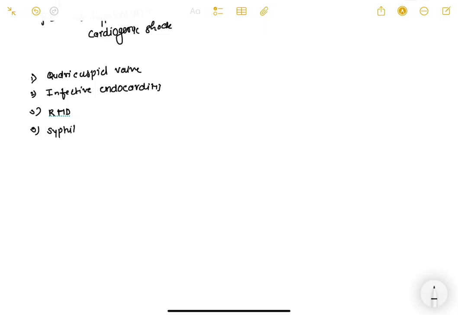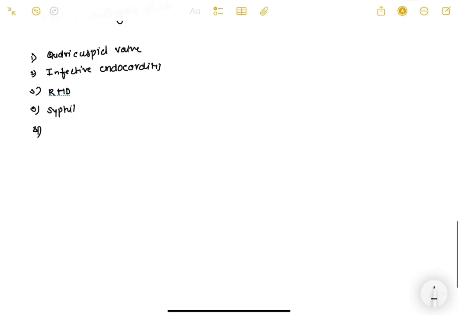Syphilis is one of the causes that is frequently asked in NEET PG. Then there is aortic root dilatation in Takayasu aortitis.